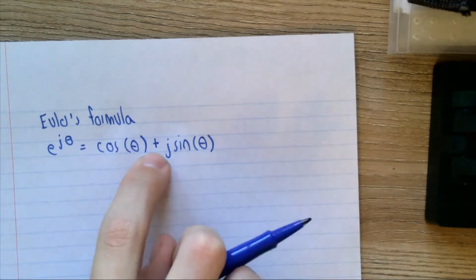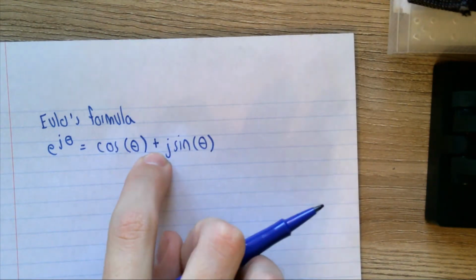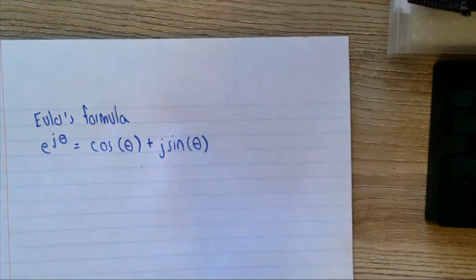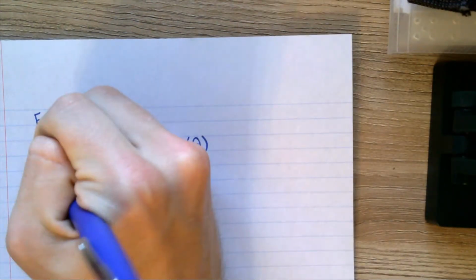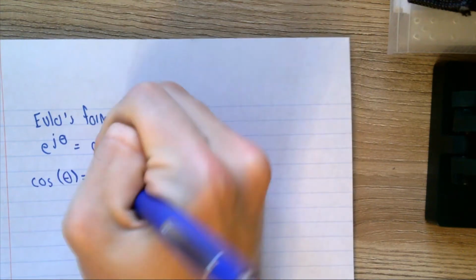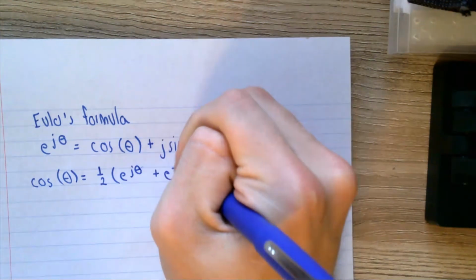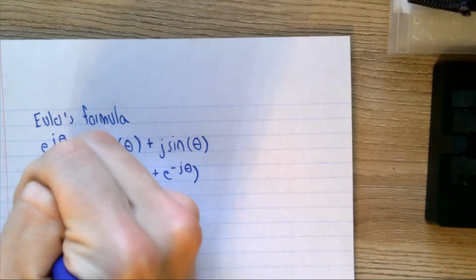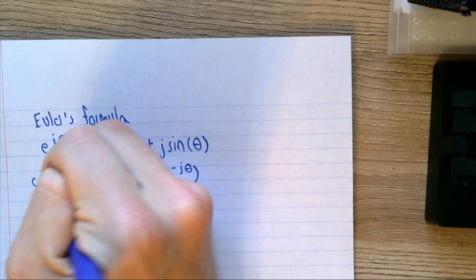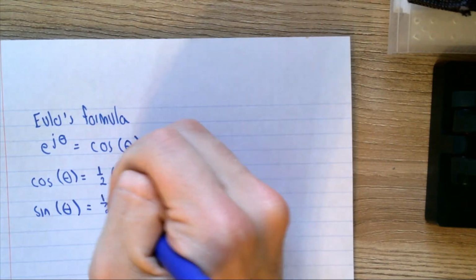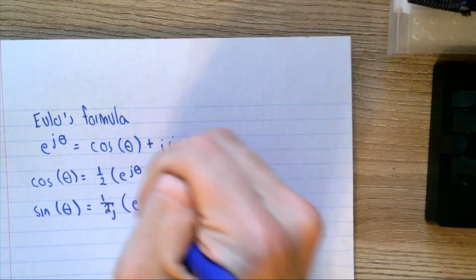And so Euler's formula is a big one, and what you can derive from it is these relationships, which are cosine of theta equals 1 over 2 times e to the j theta plus e to the negative j theta. You can get sine of theta is equal to 1 over 2j, and then that's e to the j theta minus e to the negative j theta.